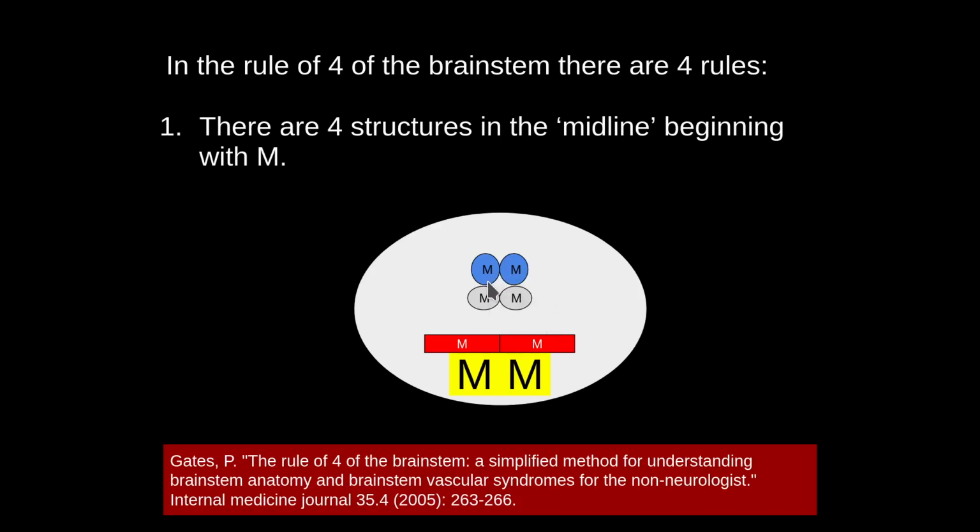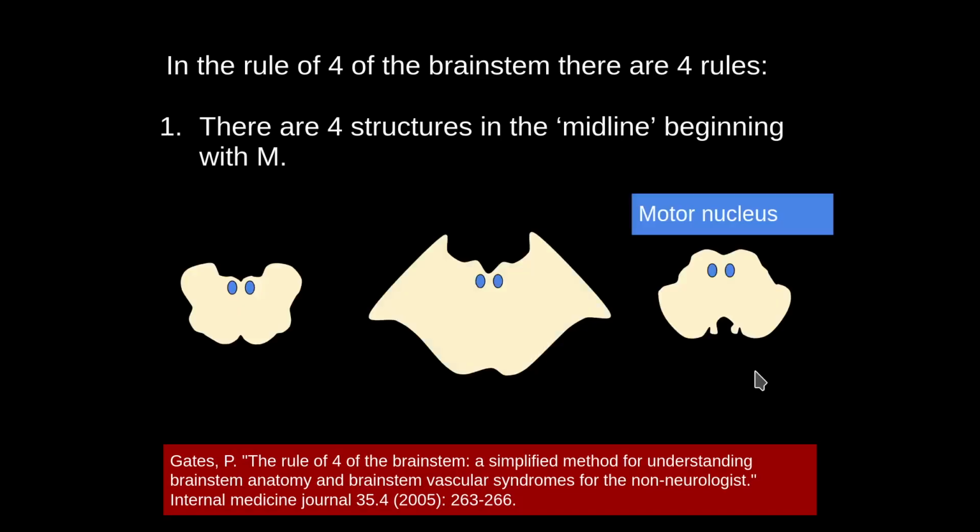The ones up here, blue means it's a voluntary movement by cranial nerve nuclei. And this one we'll get to in a while. So we talk about motor nuclei of voluntary movements by cranial nerve gray matter inside the brainstem.